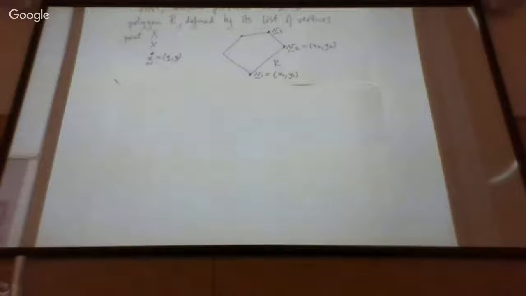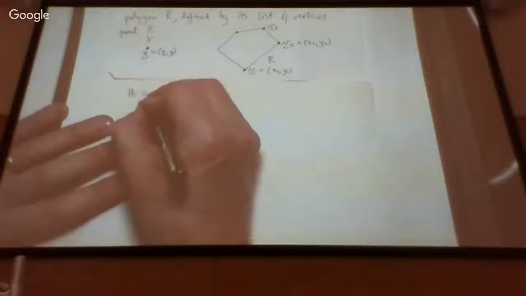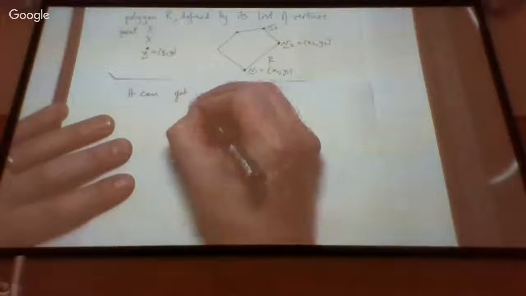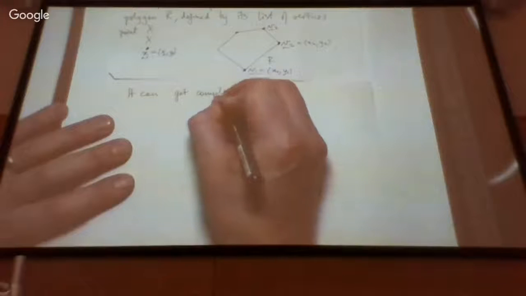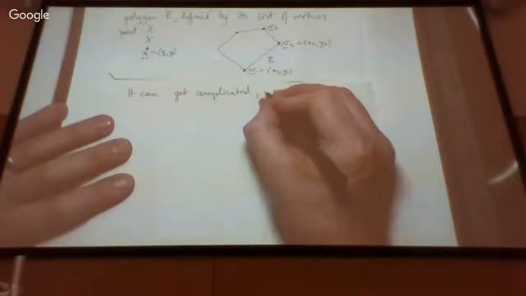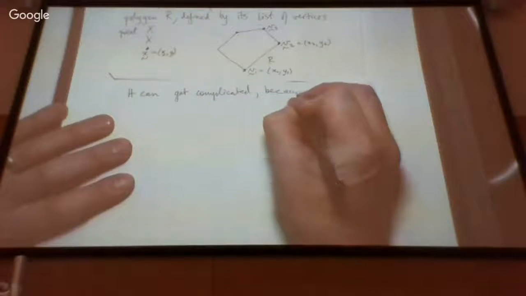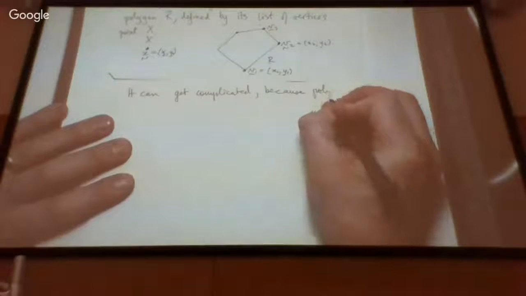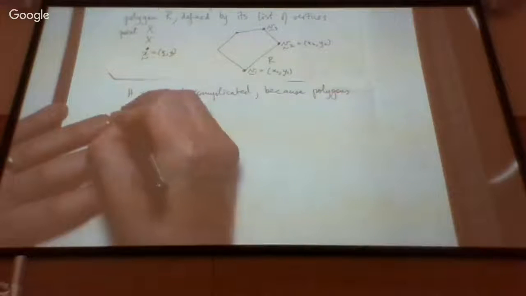And the problem can get complicated because polygons can be complicated. Polygons can be awkward.